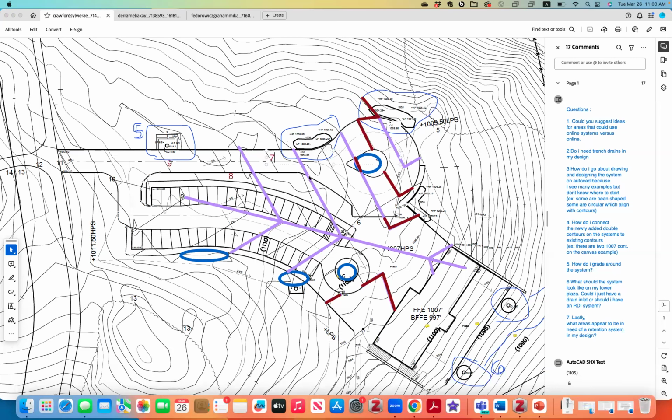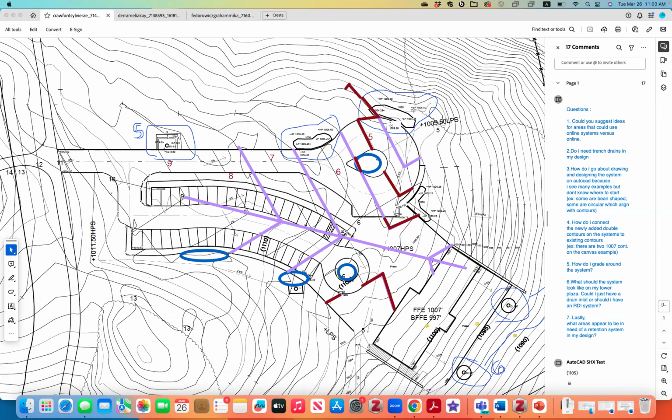This is the 7. That's the 6. And this is the 5. Yeah. The 5 goes out to actually this one. And you need to close the 5.